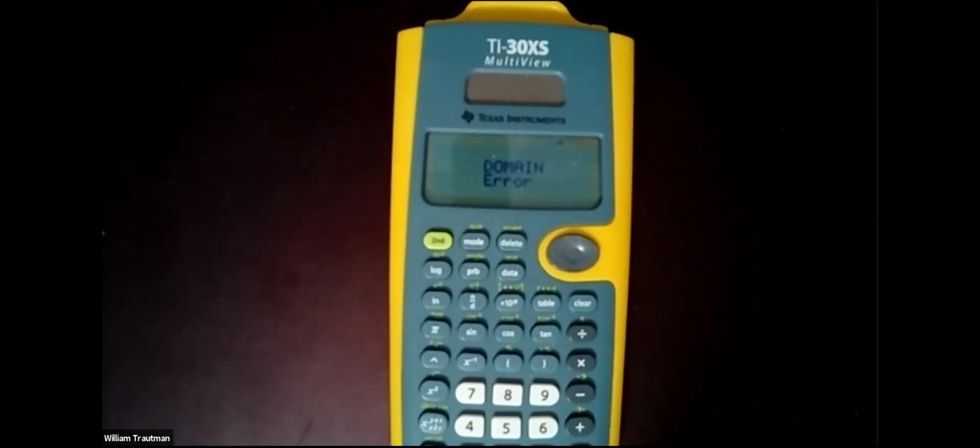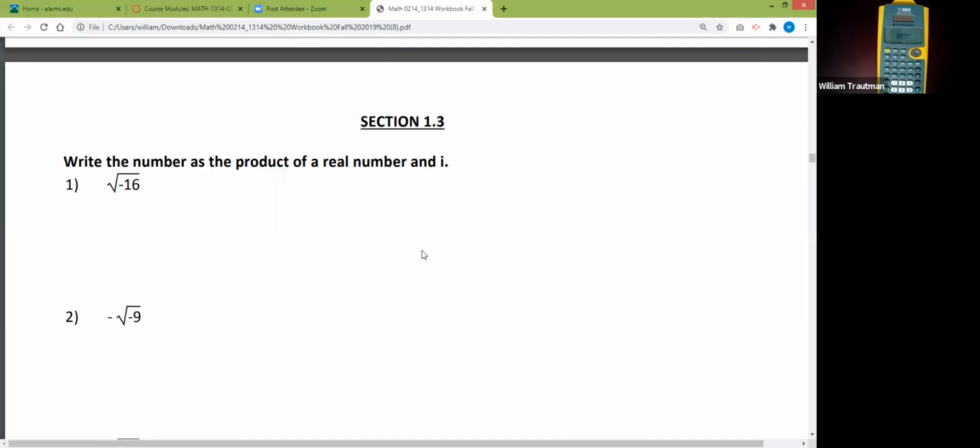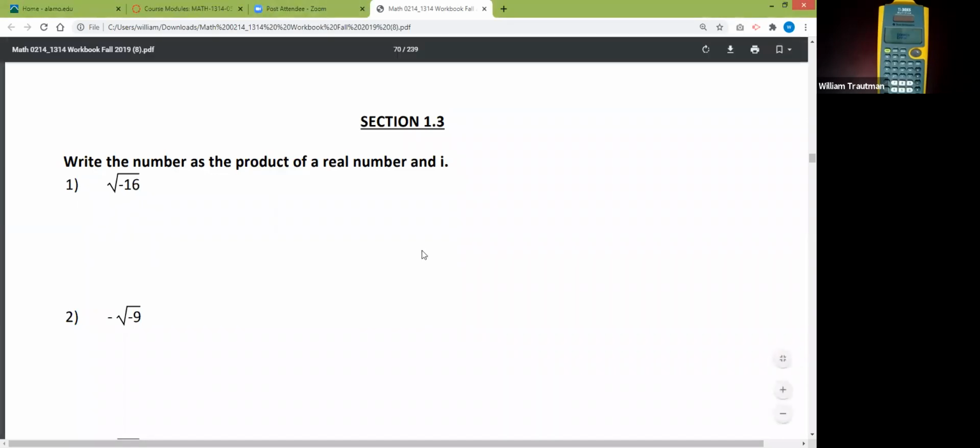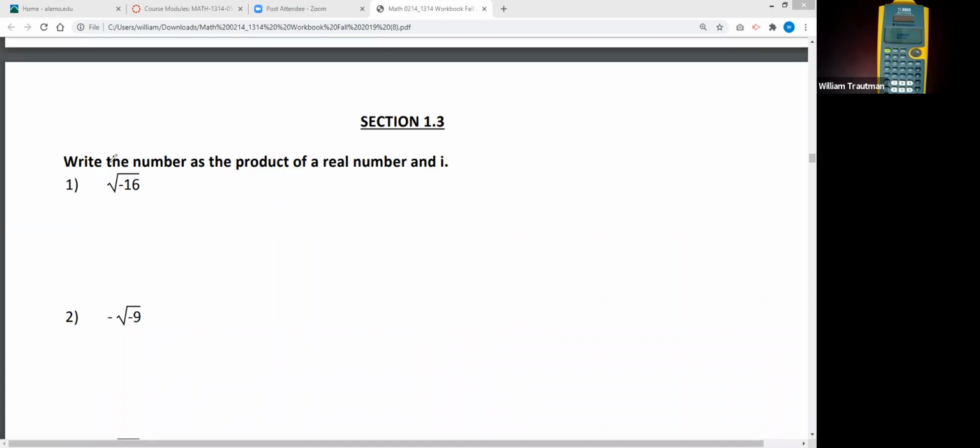However, there's a rule that says write the number as a product of a real number and i.